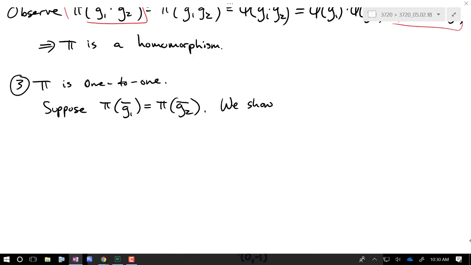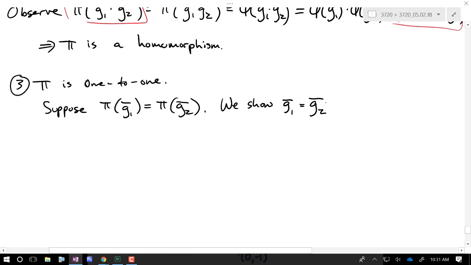We're supposing that G1 bar and G2 bar both get mapped to the same thing under this projection homomorphism, or under our homomorphism pi. You're saying that G1 bar is the same as G2 bar? Yeah, that's what we want to show. That's what it would mean if pi were 1-to-1, that we can't double up on outputs. So we're going to show that G1 bar is equal to G2 bar.